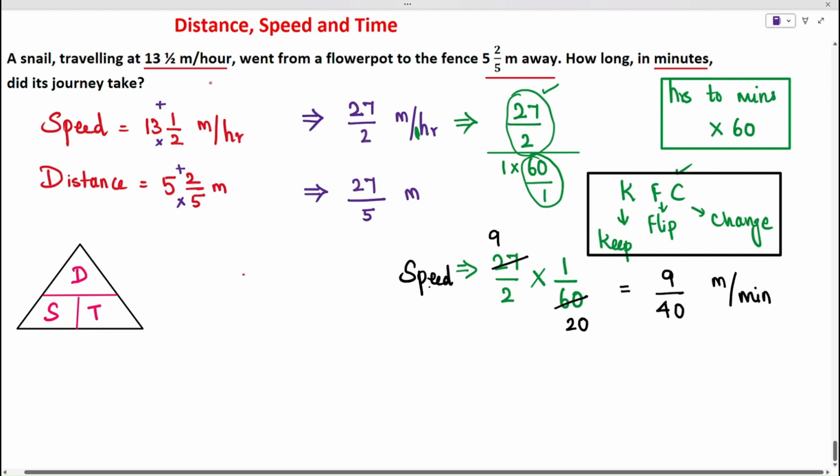You can choose to either memorize this triangle or memorize the formula of speed, distance, and time and rearrange that way, but this can make life a bit easier to visualize it.